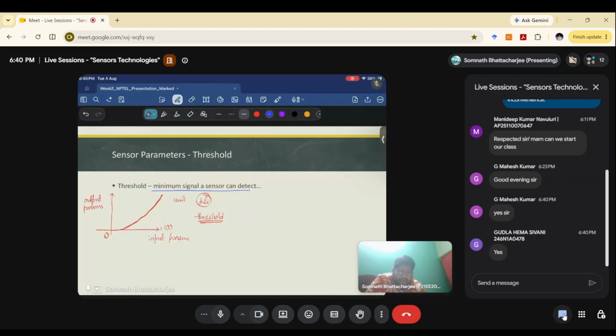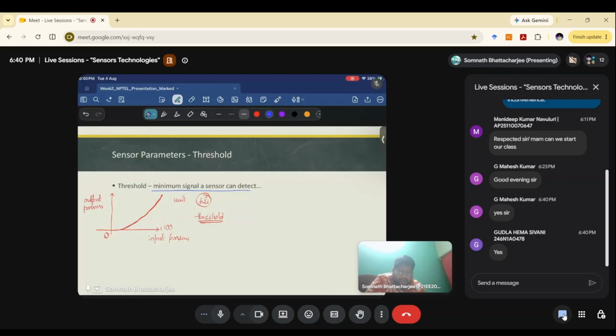This is obviously 0, right? So what is the value of offset here? Try to answer this. Two. No, no, not for this weighing scale. This is a completely different sensor.